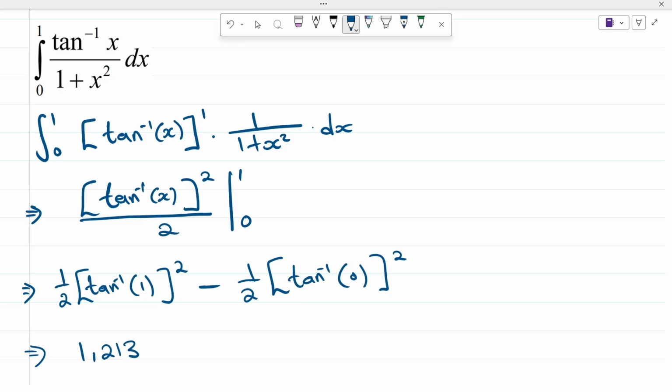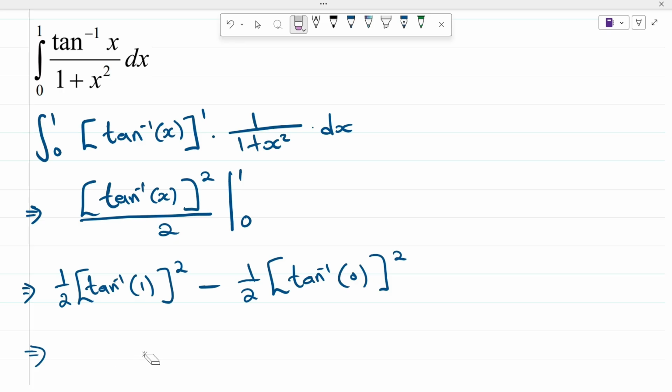Okay, wait guys, let me just validate my answer. I think I might have punched wrong things on my calculator, so just a second. 0.5 multiplied by shift tan inverse of 1 squared minus 0.5 multiplied by shift tan inverse of 0 squared.